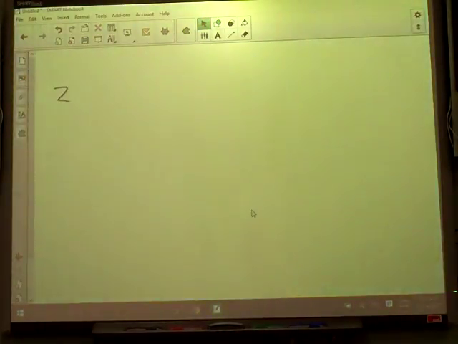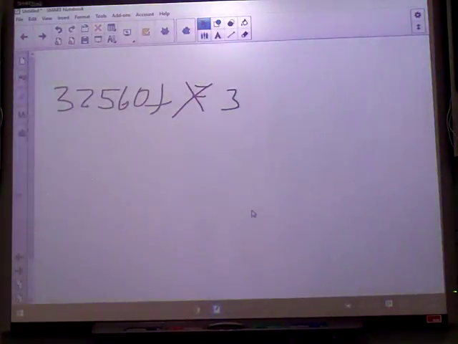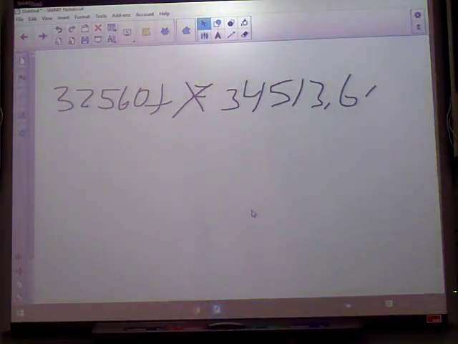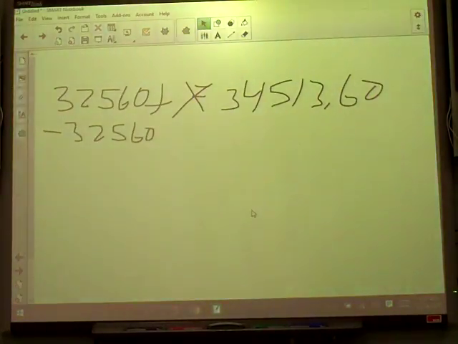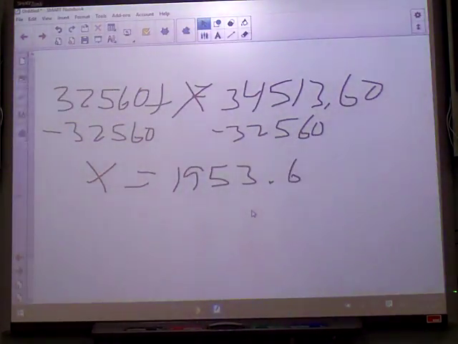So $32,560 was the cost of the car, plus the tax had to equal your total cost, $34,513.60. So you subtract $32,560 from both sides. That gets you x is equal to $1,953.60. So that's how much you paid in sales tax.